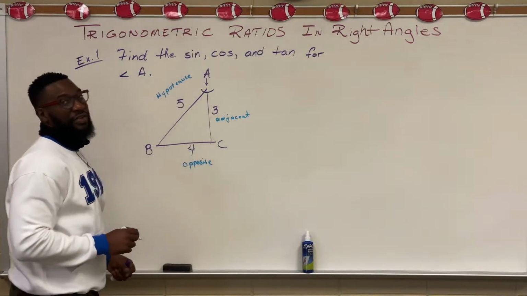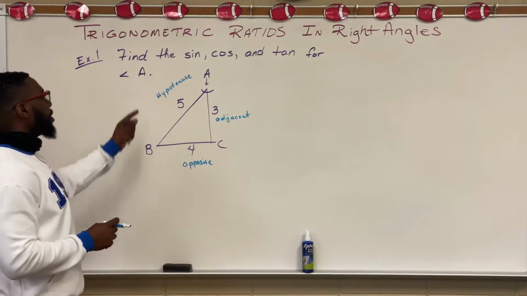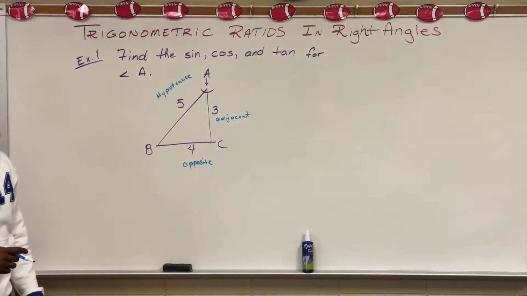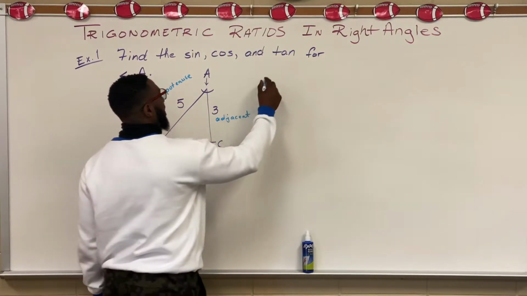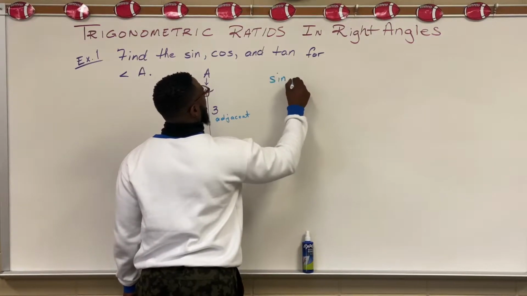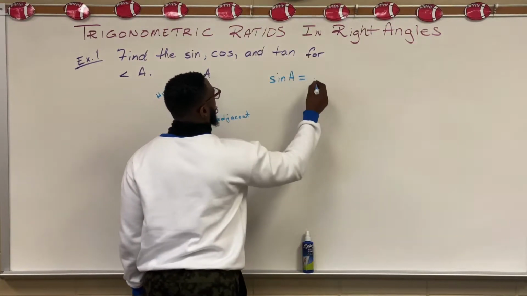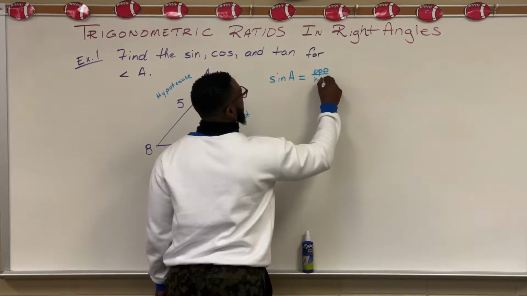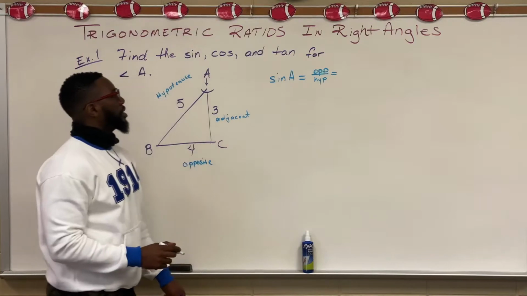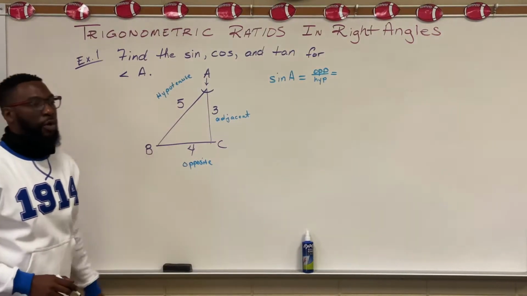Now that we have all of our sides labeled, we find the sine, cosine, and tan. In the previous slide, we understood that the sine of A equals opposite over hypotenuse. Opposite is 4.